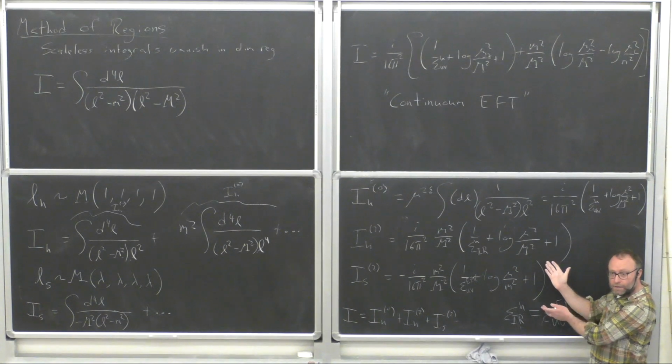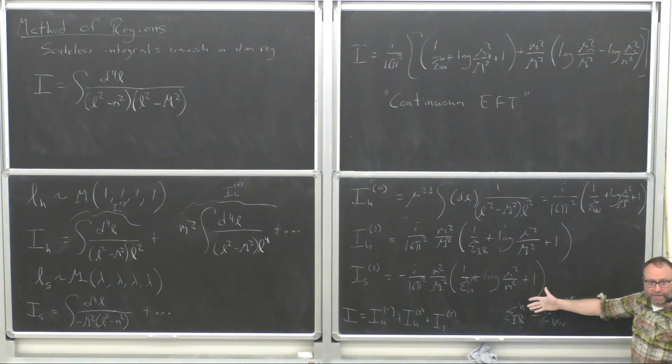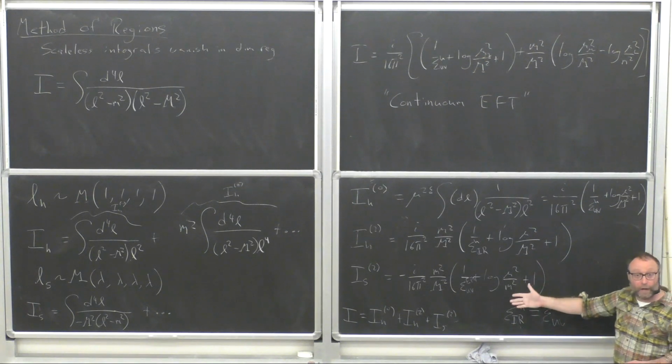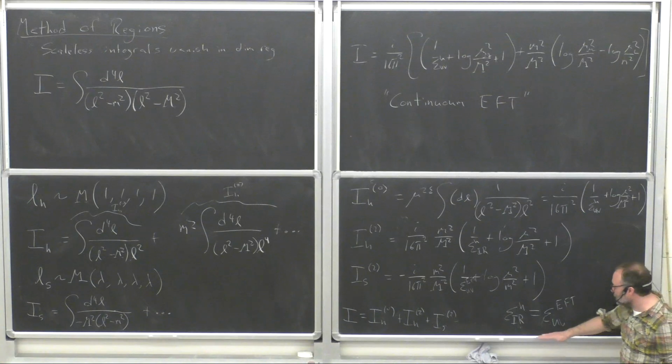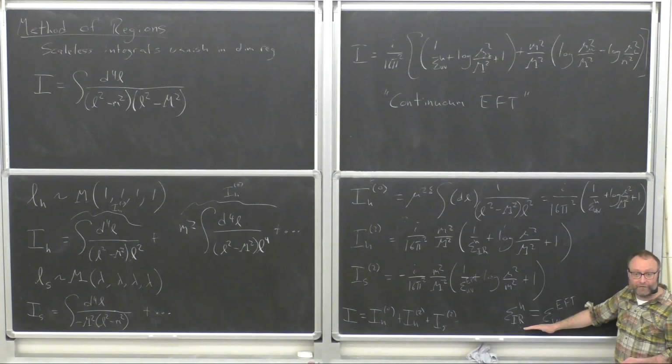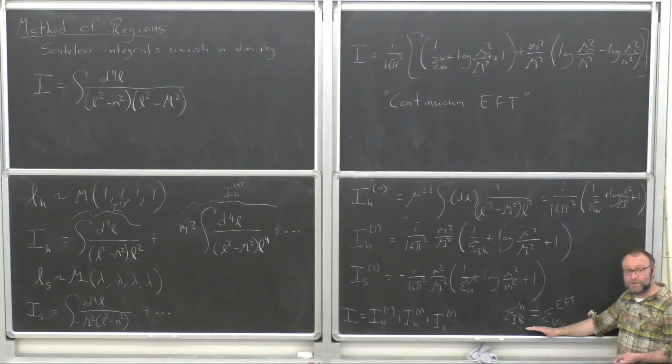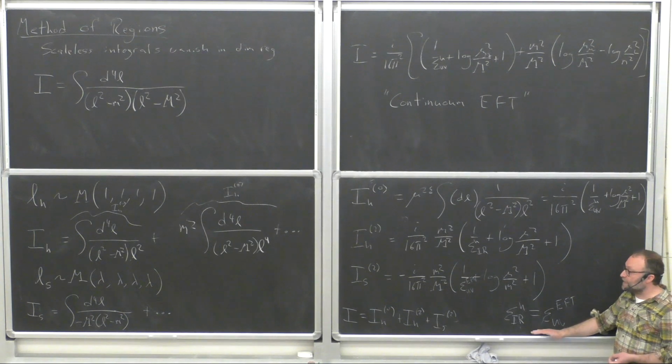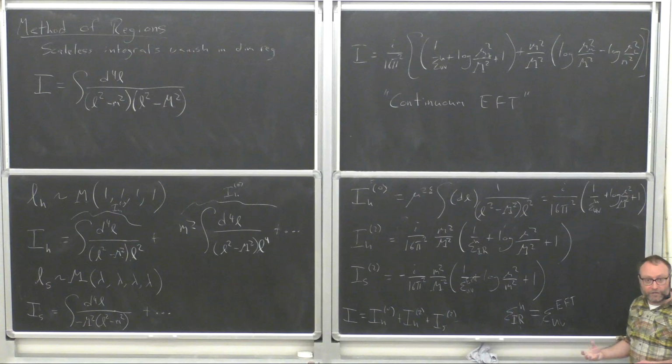So again, the method of regions justifies conceptually everything we've been doing all week. In particular, it makes this completely manifest. We are assuming this when we're using continuum EFT because really we're relying on the method of regions.